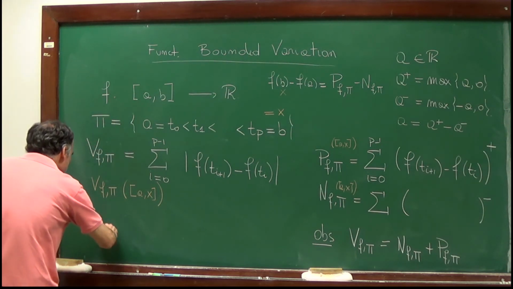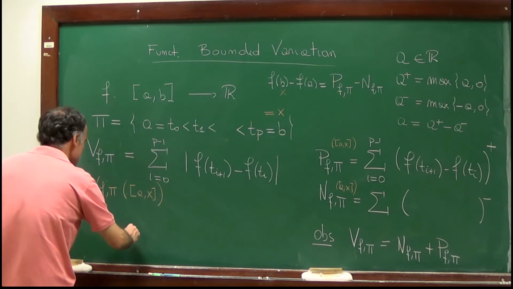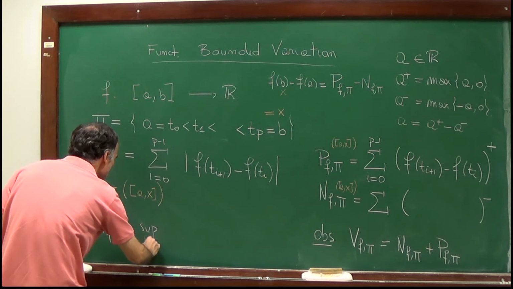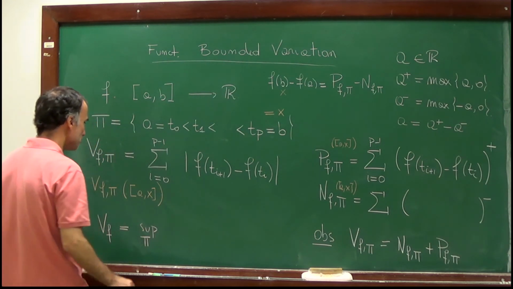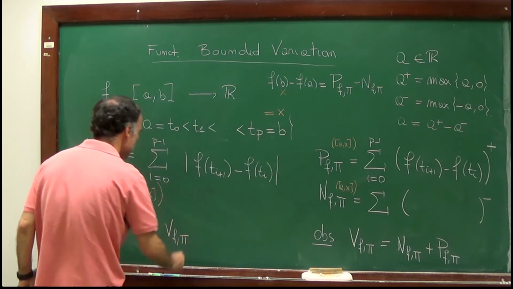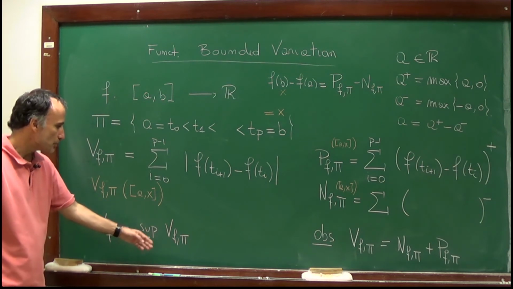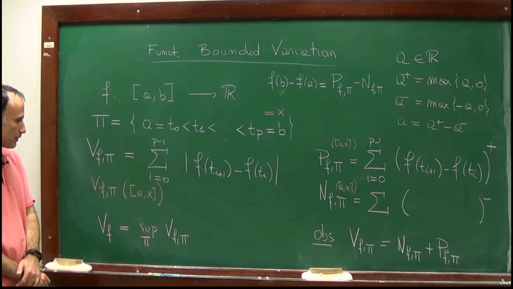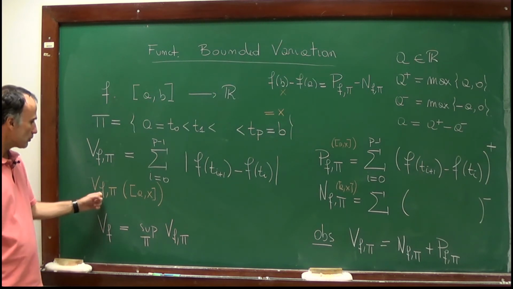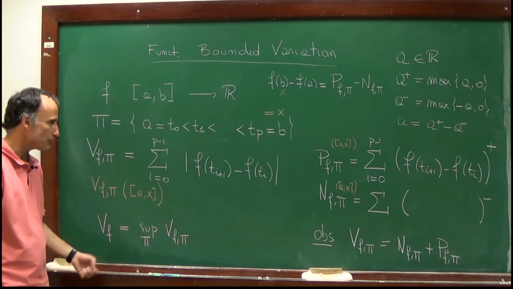So let me define Vf as the supremum over all finite partitions P of Vf pi, right? So now I'm taking just the supremum over all partitions, and I'm defining a new object which is the total variation of my function f, which I'm representing by V of f.